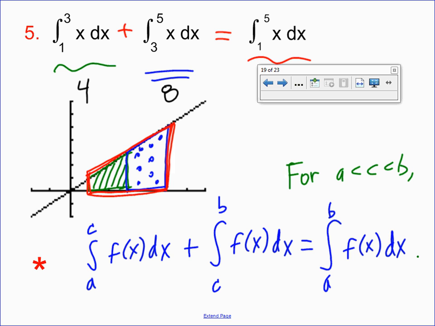So if c is in between a and b, in this case c would be 3, we can break up my overall definite integral from a to b into pieces. We go from just a to c, and then from c to b, and that would be equivalent to the entire interval from a to b.